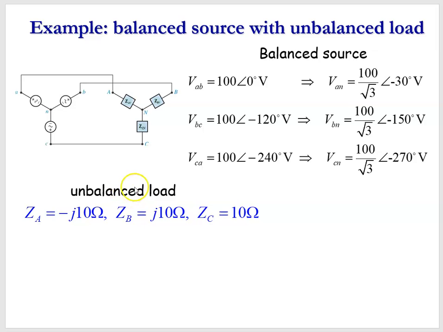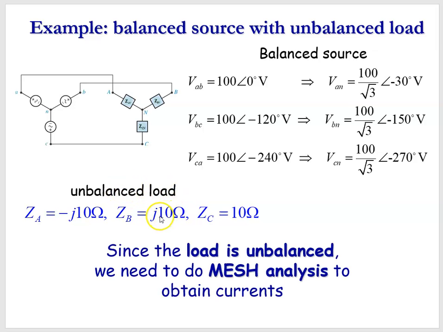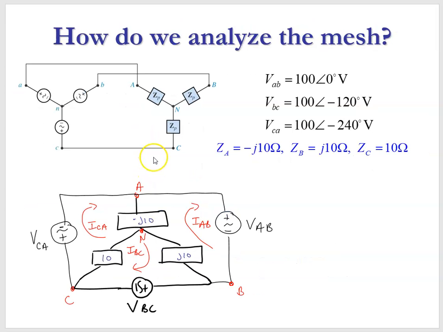That unbalanced load given here, let's see how we can analyze that. Since the load's unbalanced, what we really need to do is a mesh analysis to obtain the currents. So let's take a look at how we can analyze this with a mesh analysis. We have VCA, for example. Here's our VCA from here to here.